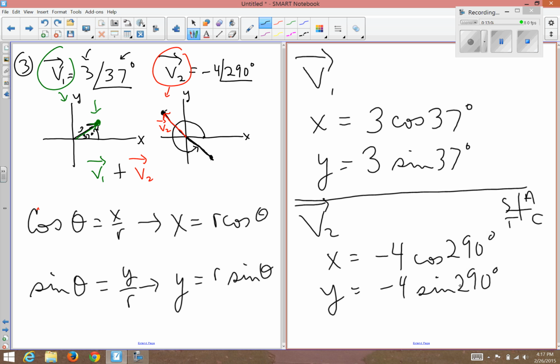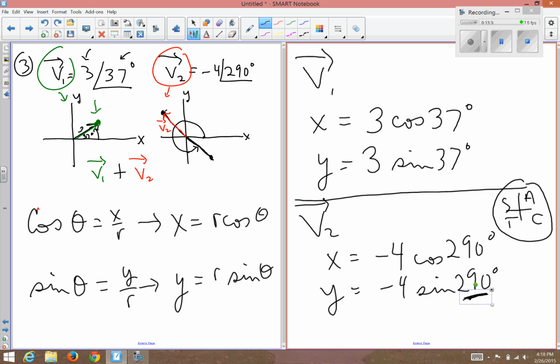The sine of a fourth quadrant angle is negative. So this is saying a negative times a negative. A negative times a negative is a positive. Y is positive. That's why this point is in the second quadrant. X is negative and y is positive. So that verifies this picture is accurate based on this.